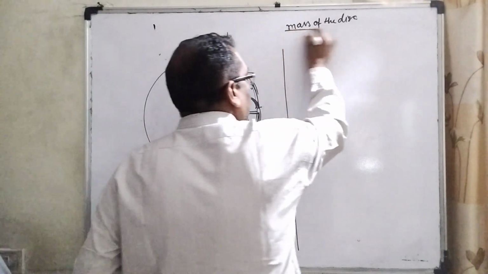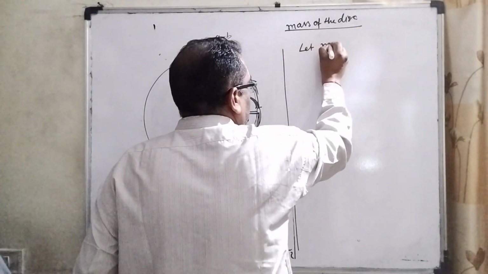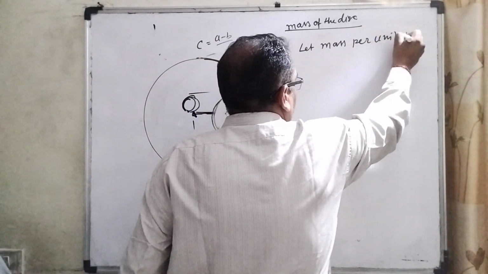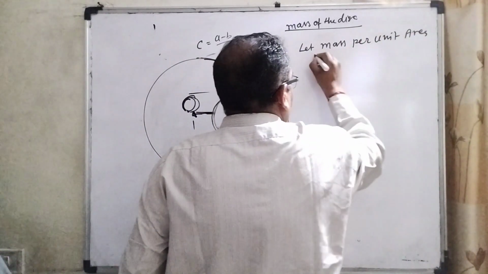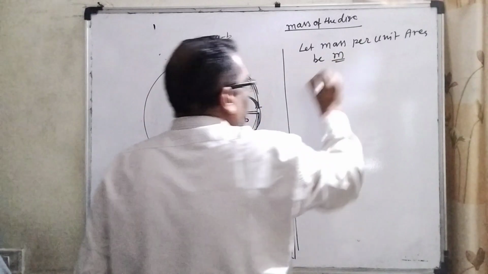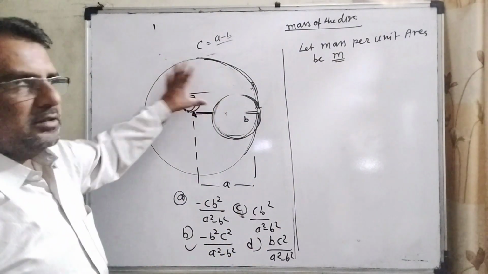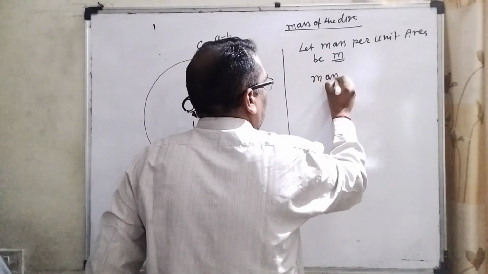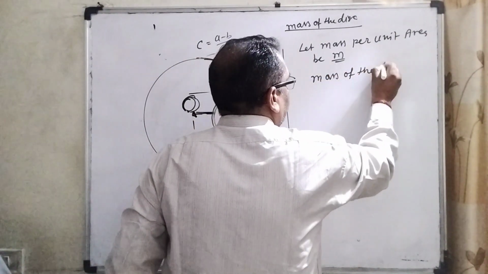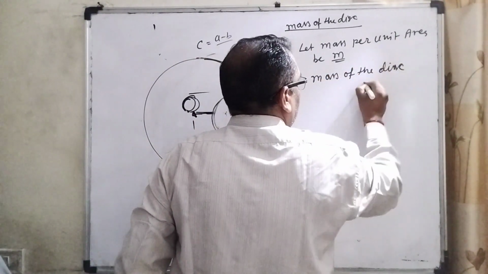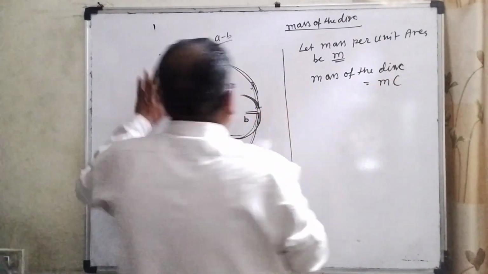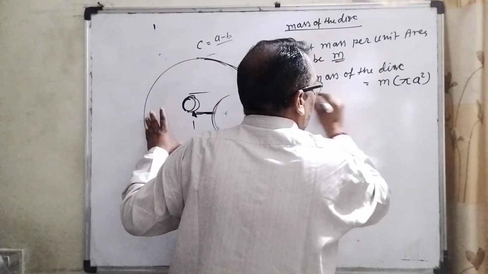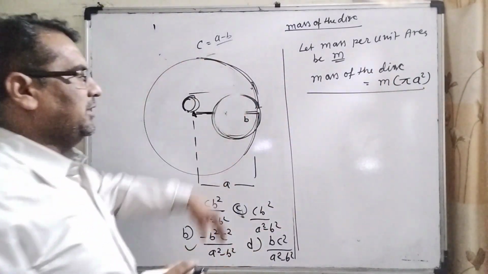Let the mass per unit area be small m, then the whole mass of the disk is m into the area, pi a square. It is the mass of the total disk.